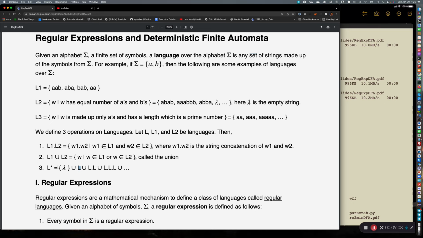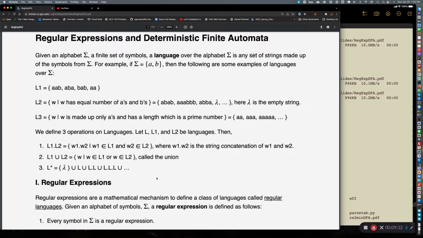In that case, the definition includes the empty string. So the empty string is always a part of the L star language. But L star includes many more. It actually includes all the strings from L, all the strings from L dot L, all the strings from L dot L dot L, and so on. It's an infinite union.